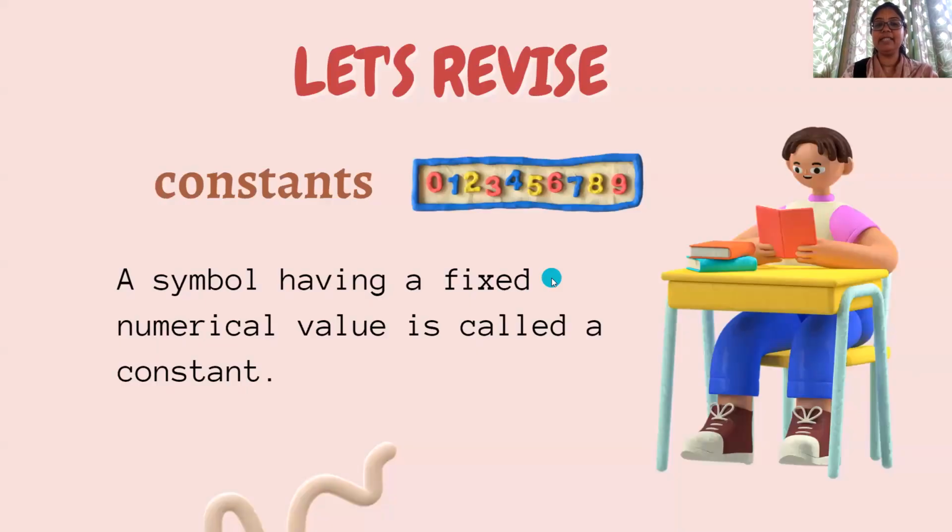Let us quickly revise. So you will have a constant term. Constant term means any symbol having a fixed numerical value, either it is 0, 1, 2, or 3, or 4, and so on. So the value of it should be constant throughout all the sums. Then it is a constant term. And what will be the opposite?